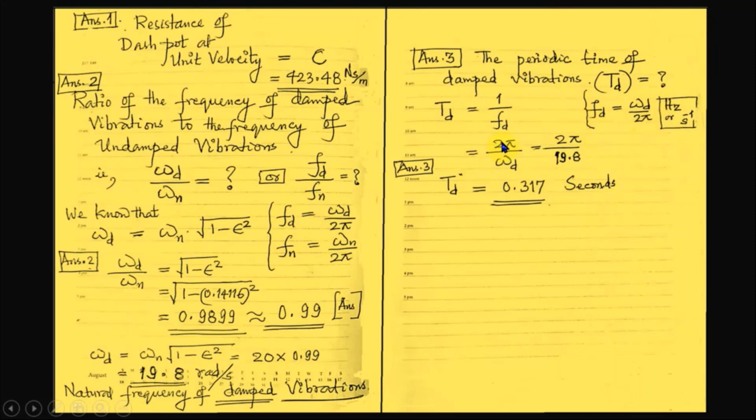So 2 pi by omega d gives the time period. So Td is equal to 2 pi by omega d, where omega d is 19.8 radian per second. If you substitute over here, you will get the time period of these damped vibrations equal to 0.317 seconds. That is the time taken for one such damped vibration, 0.317 seconds.